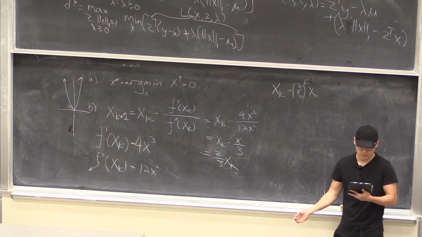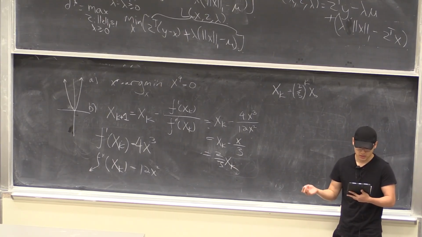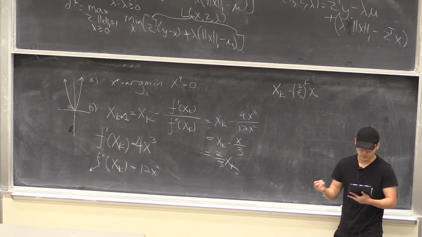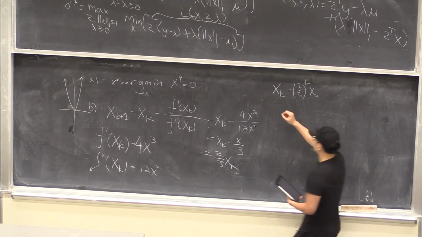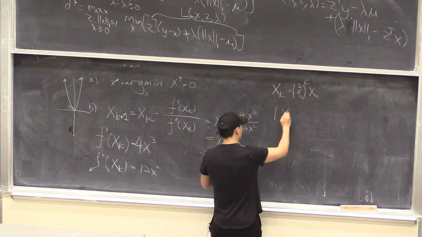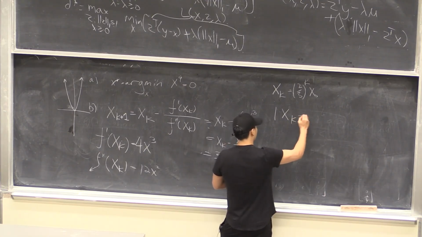Okay, so now we want to analyze our problem, which is that we want to see what is the minimum number of Newton steps that gets us to within epsilon distance from the true optimum. The problem actually just tells you that we want to basically solve for this thing.